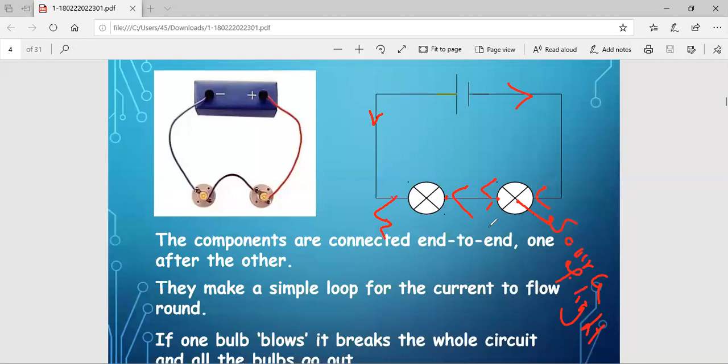You want to keep the current at a certain value. So you are going to design your circuit in series, because you want to keep the value of the current at a certain value.